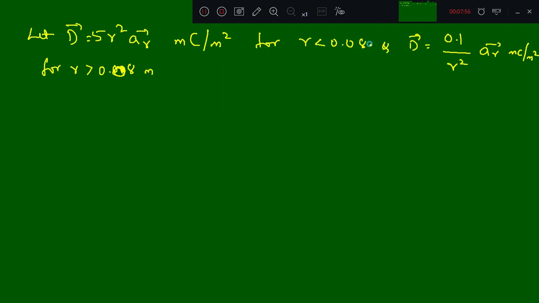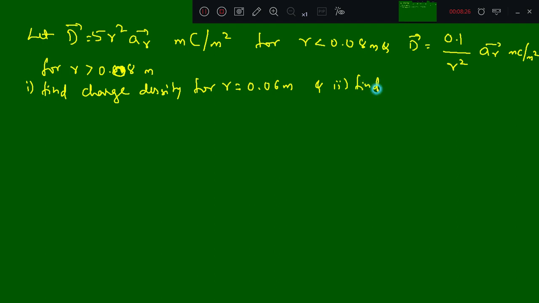Find the charge density for r equal to 0.06 meters, and find the charge density for r equal to 0.1 meters. So this is the problem statement.